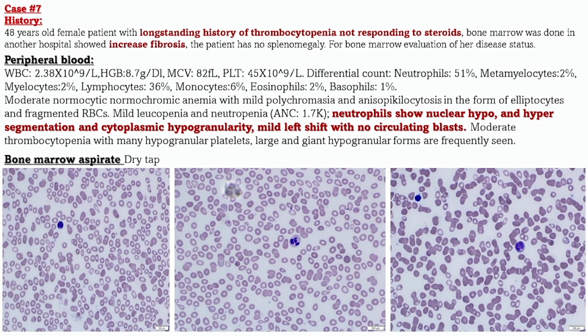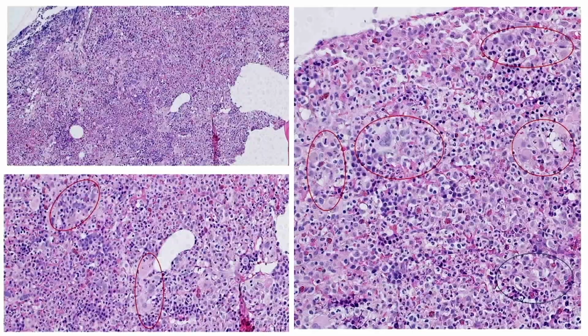This patient, we received him with a long-standing history of thrombocytopenia, not responding to steroid. His peripheral blood shows mild left shift with mild leukopenia and neutropenia. His neutrophils show nuclear hypo and hypersegmentation, as you can see here.